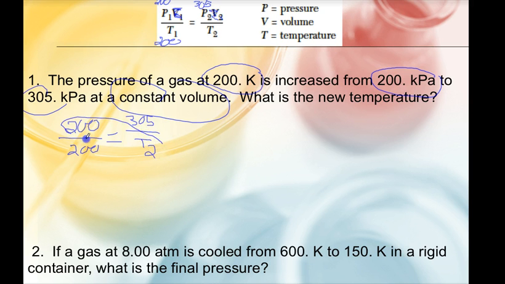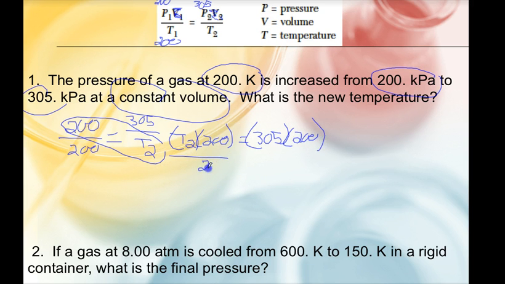You'd get T2 times 200 equals 305 times 200. You divide both sides by 200. So T2 in this essence would be 305, because these two would cancel out. And so it would be 305 K.